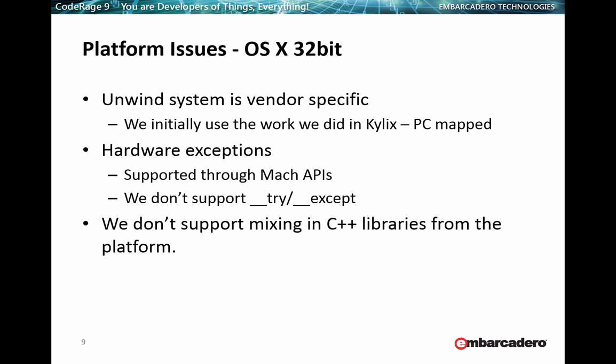So on OS X, if you want to catch access violations, you have to do it through Mach APIs, which are part of the low-level Mach kernel, which is the underpinnings of the operating system's kernel.